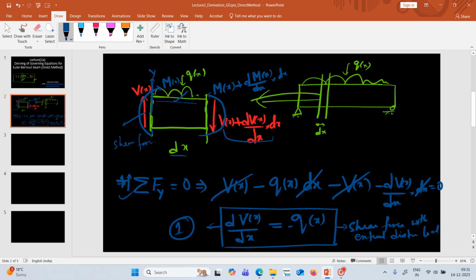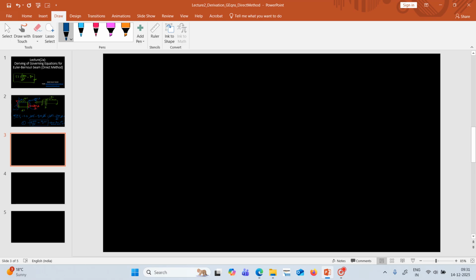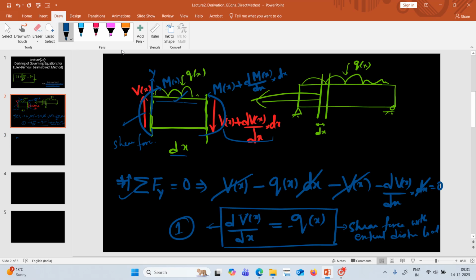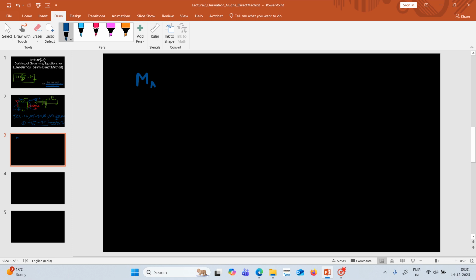Now for the second equilibrium, let us take the moments. The second equilibrium is the moment about the point A. Let us say this is point A. The sum of all the moments about A should be 0, and let us take anti-clockwise as positive.